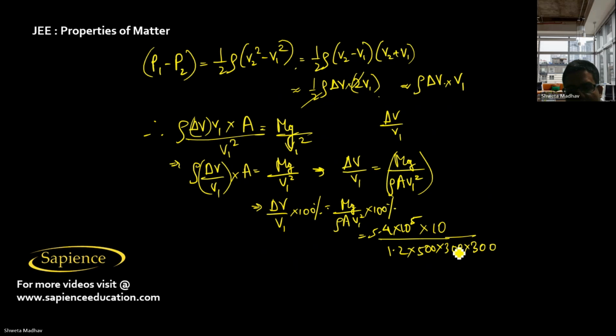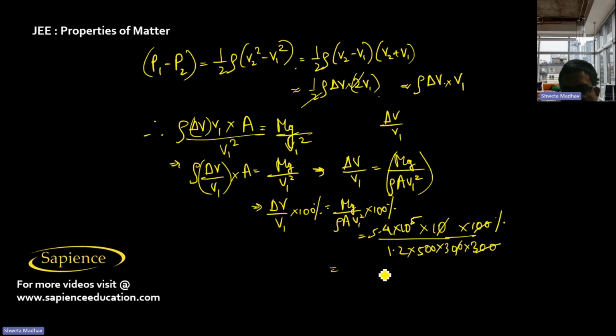So the 100s will cancel out, and the zeros I can cancel.